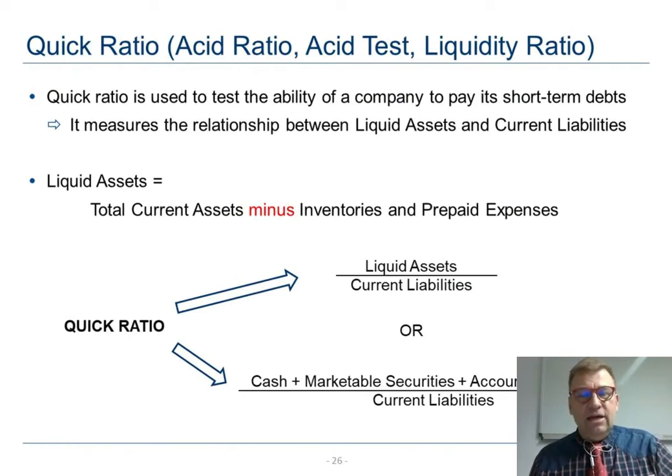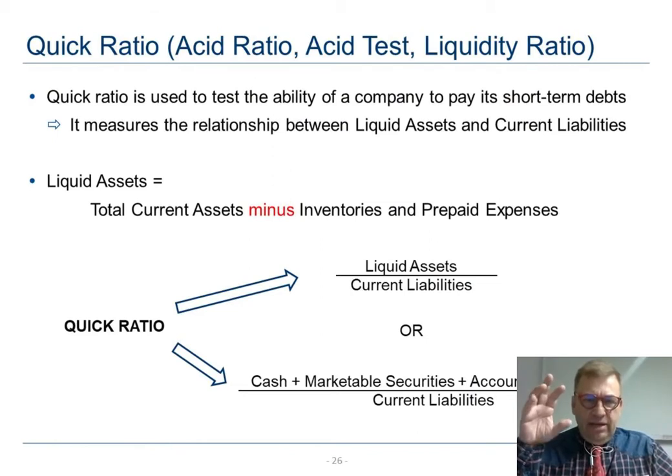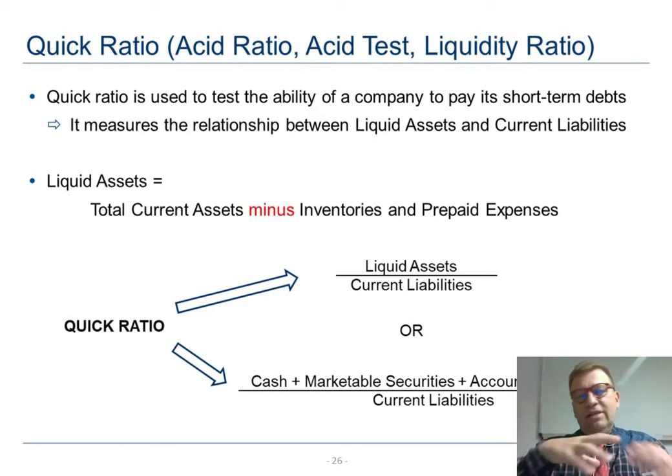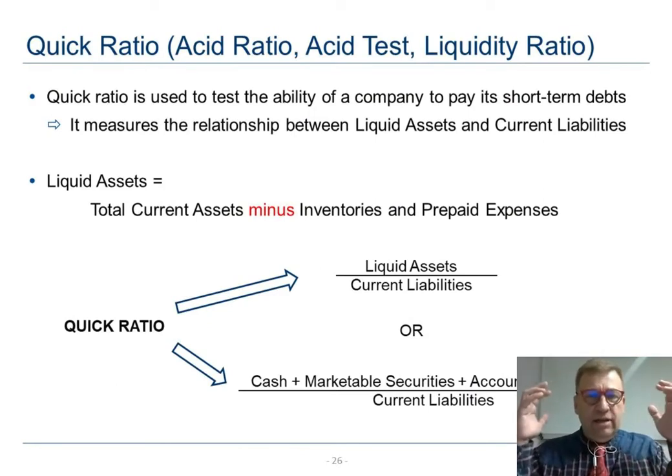Again, some definitions may be unclear: what's liquid, what's not. Therefore, let's be clear what we think about liquid assets. Many authors may have different opinions, but generally, liquid assets are, I think for the majority of people, current assets minus inventories and prepaid expenses.